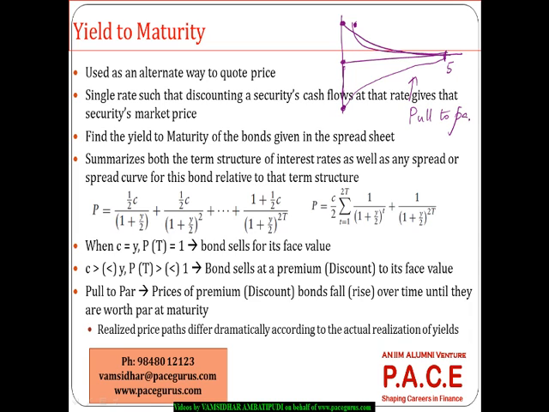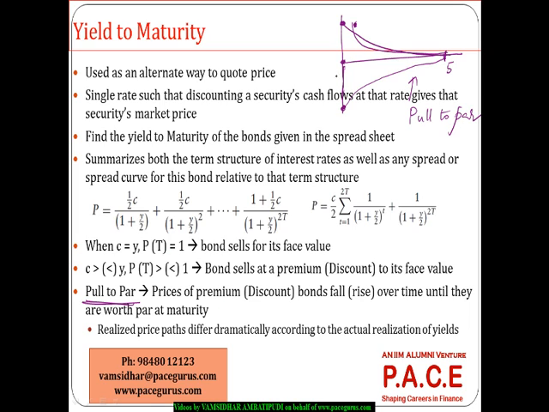So though the particular security is available at a premium or at a discount to the face value as of the current scenario, when it is more and more approaching the maturity period, we see that the price will come closer and closer to the par value. That is what we are calling as the pull to par feature associated with the bond.